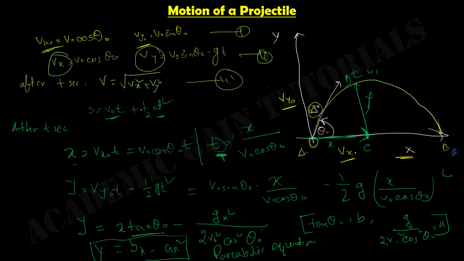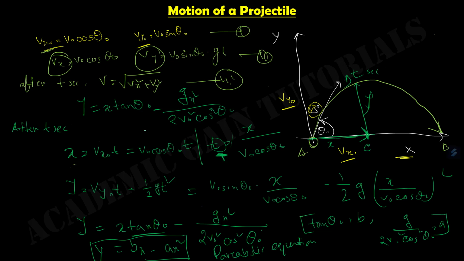So now we have learned four equations. If I write this equation for y, y equals x tan theta naught minus g x square by 2 v naught square cos square theta naught.